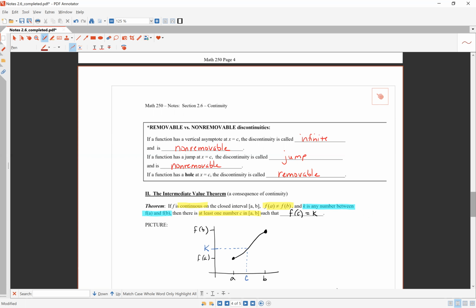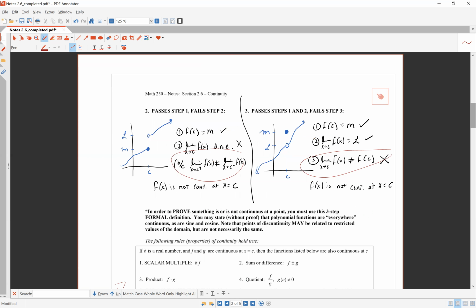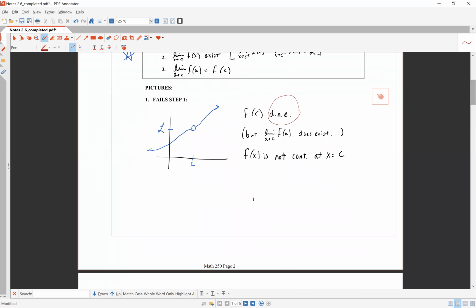Visually, this would be better. Here you have the jump discontinuity. You jump up as you go left to right. And then at number 1, there's a hole there.